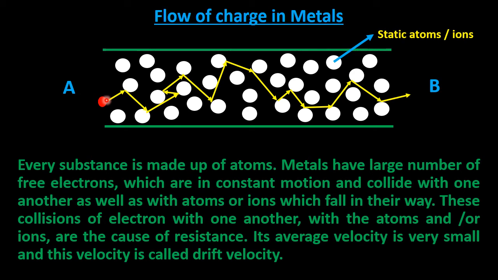So here we came to know that the path traveled by this free electron from the point A to B is not a straight path.